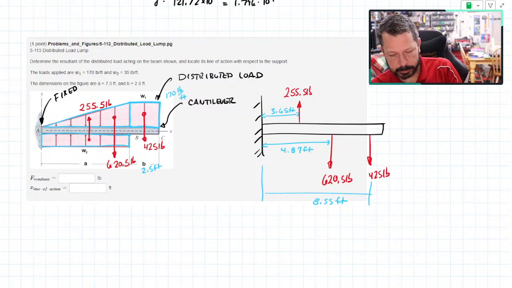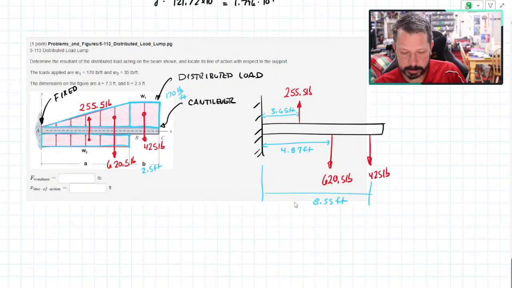So the resultant is, I've got 620.5 plus 425. MathCAD giving me trouble. Plus 425 minus, because it's going the other direction, 255.5.